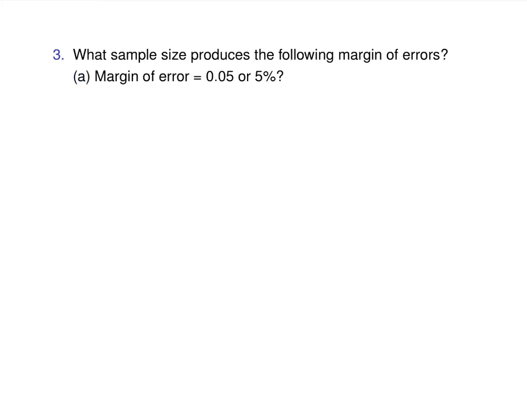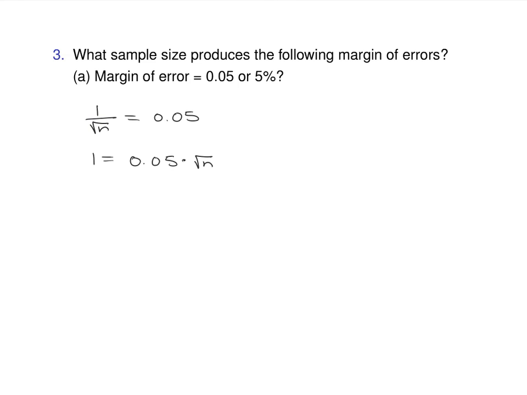What sample size produces the following margin of errors? This is a really good question to ask. If you want this margin of error, what should be your minimum sample size? Now to do that, we solve the equation 1 over root n equals 0.05. So I'm going to multiply the root n over. That gives me 1 equals 0.05 times root n.